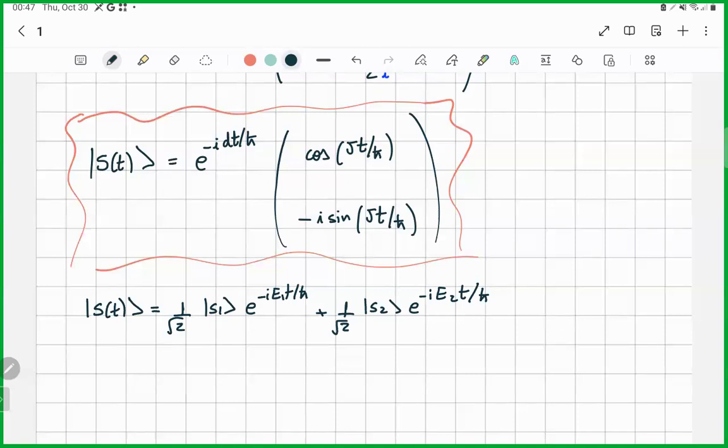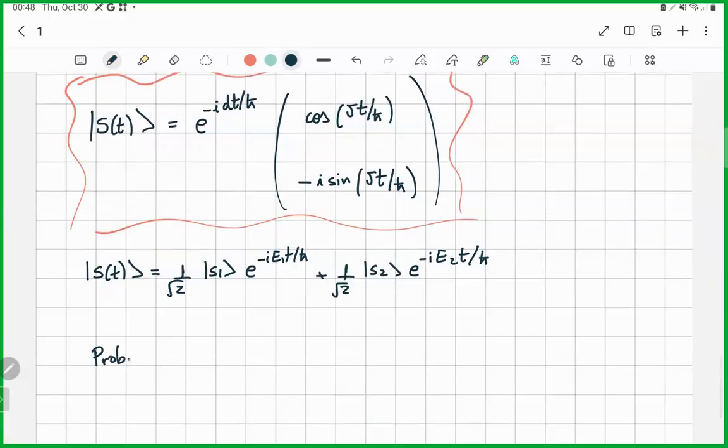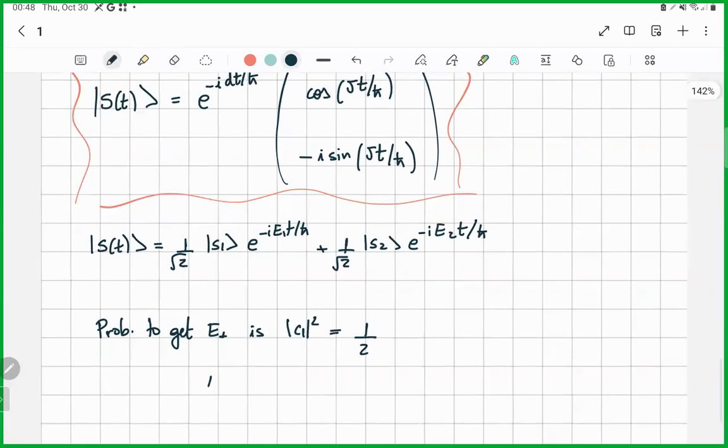Well, we know this since chapter 2, that the probability to get energy E1 is the C1 absolute value square, which is half. Very good. And what is the probability to get energy E2? Same procedure. The probability to get energy E2 is absolute value square of C2, which is half.